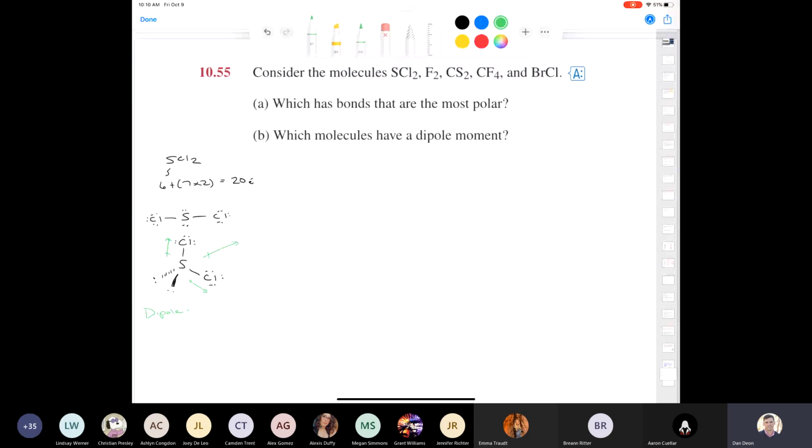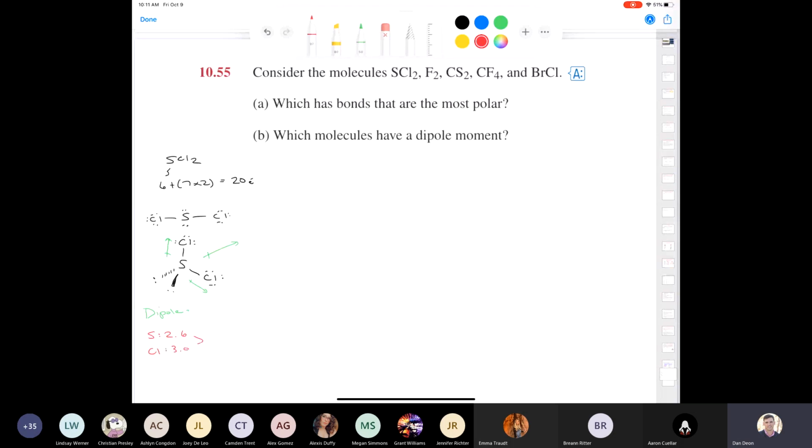Okay. And which one has bonds that are the most polar? Well, if I think about the electronegativity of sulfur and chlorine, sulfur has an electronegativity of 2.6, and chlorine has an electronegativity of around 3.